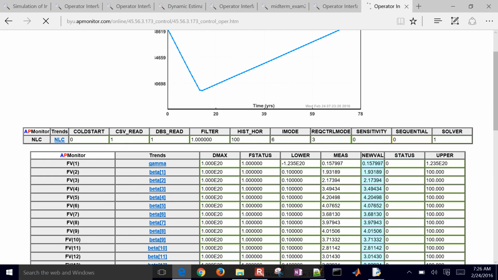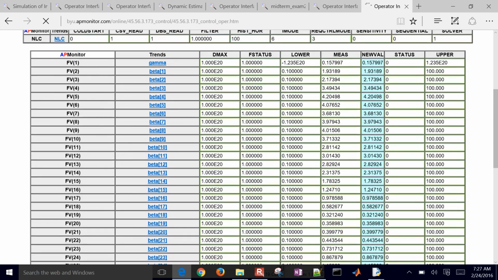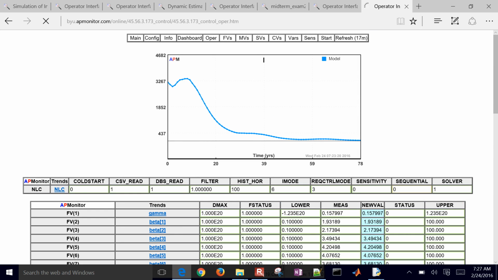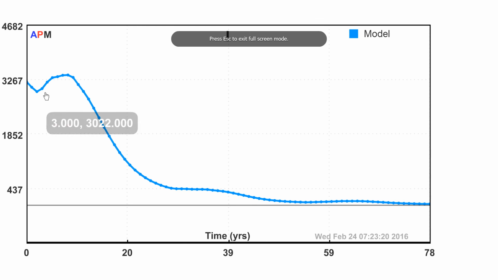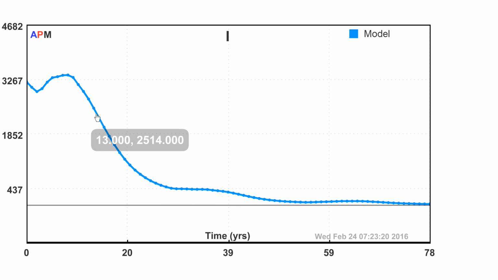Let's look at one more, the infectives. We can't cure the infective population directly. We can only reduce the susceptible population with these vaccines. But by reducing the susceptible population with that very strong vaccination program at the beginning, the number of infectives drops, and then stays fairly low for an extended period of time.